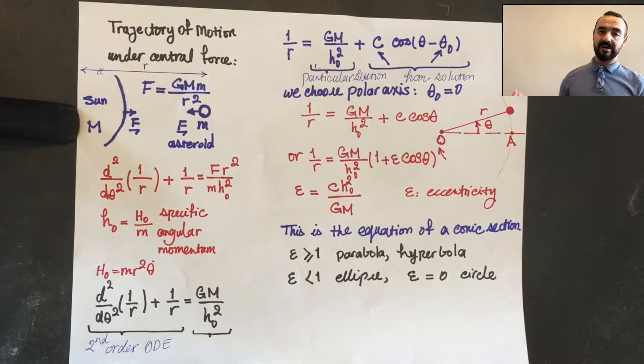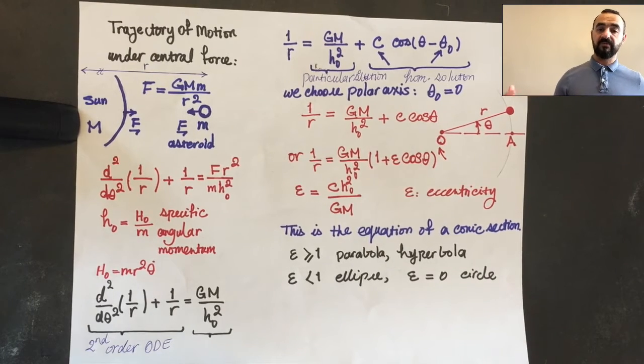So next time, we're going to talk about what happens when the velocity of your rotating mass transitions from a certain number to a larger number.